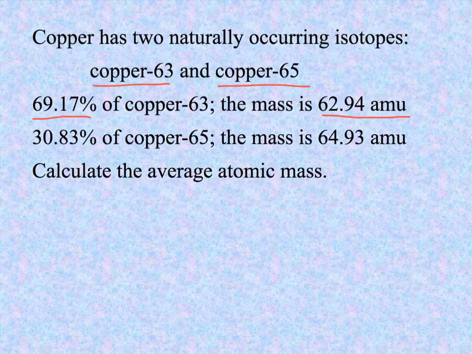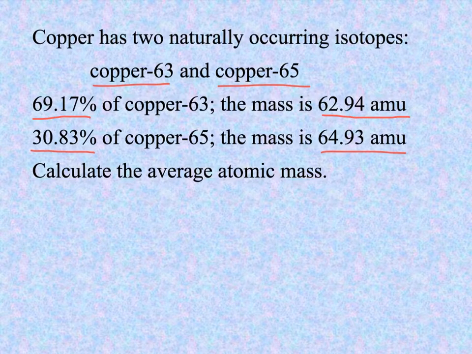The next isotope, 30.83%, and then it has that mass value. Now it wants us to calculate the average atomic mass. So we have to calculate what is the weighted average.